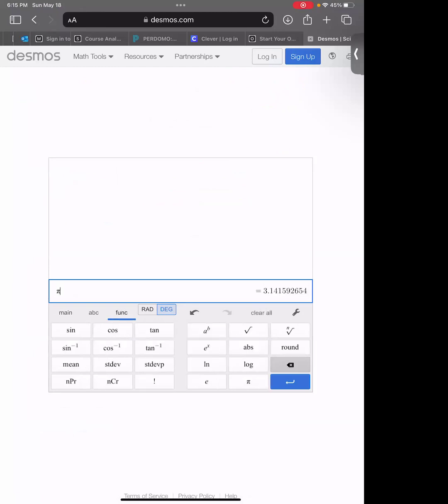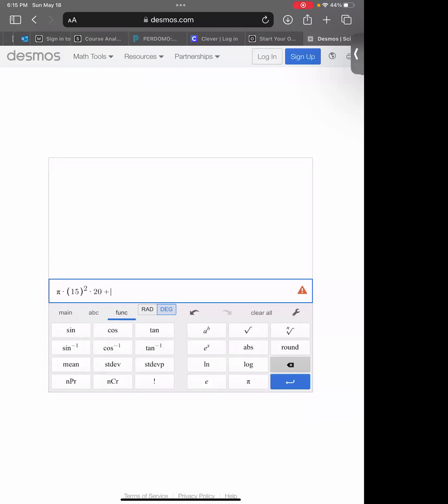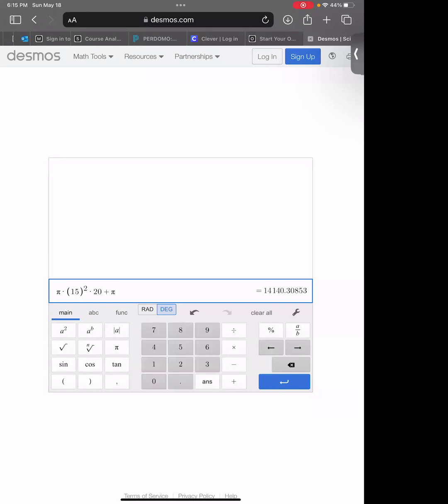I'm going to do pi times 15 squared times 20 plus pi times parentheses 15 squared times 5.